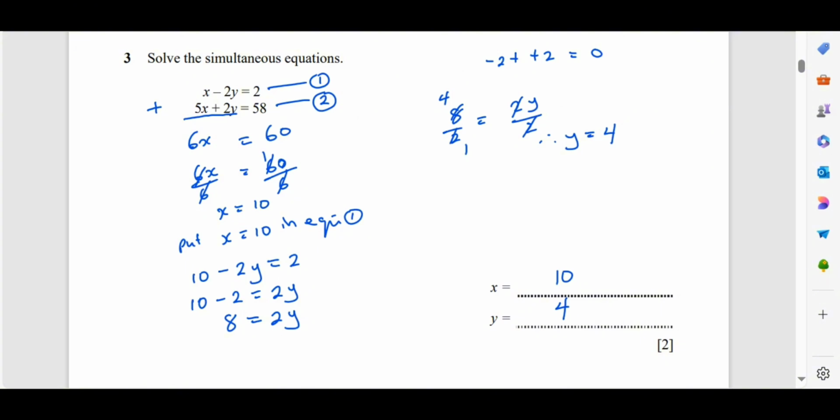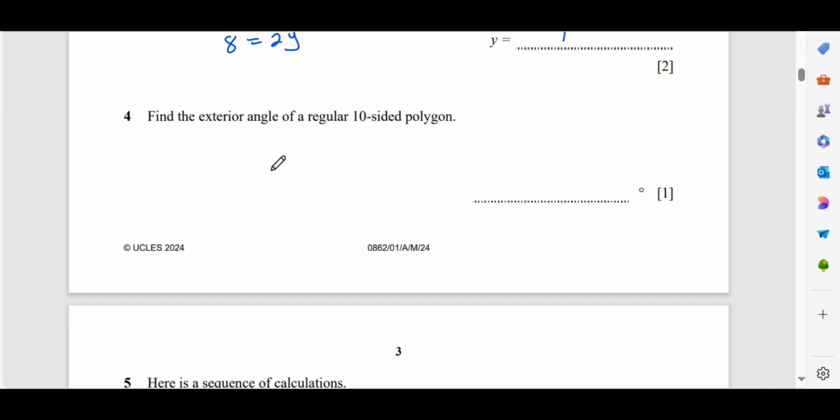Okay. So the question 4 we have is a question on exterior angles of a regular polygon. We have also done a video on that, so you can go and check it out in our YouTube channel. So exterior angle, there's a formula which is exterior angle equals to 360 over n. So that is the value of each exterior angle of a regular polygon.